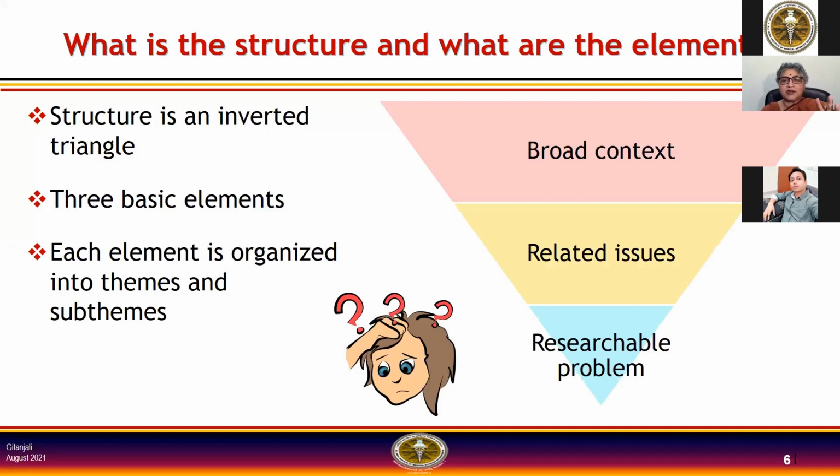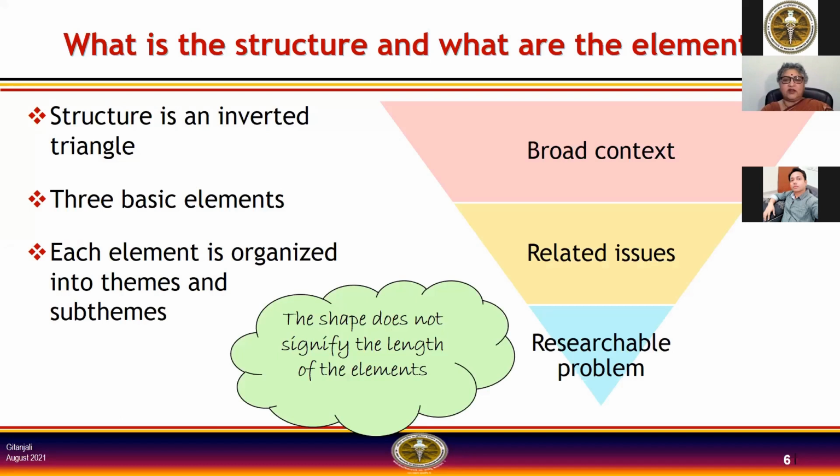You start with the broad context, then you talk about the related issues, and then you go on to the researchable problem. These are the elements: broad context, related issues, researchable problems. This is how you frame your review of literature.